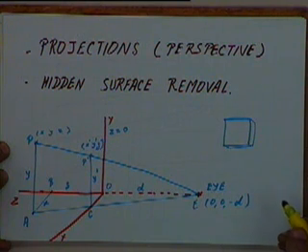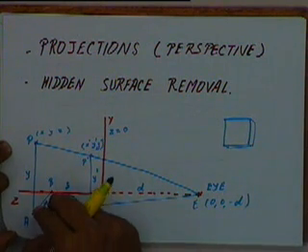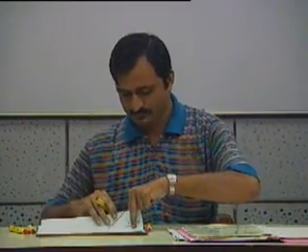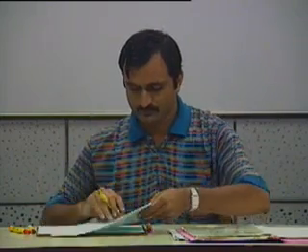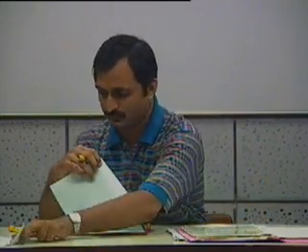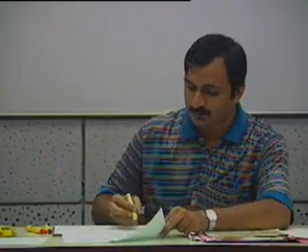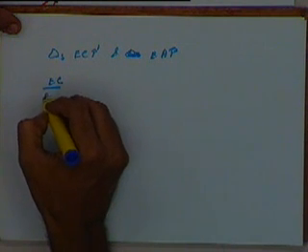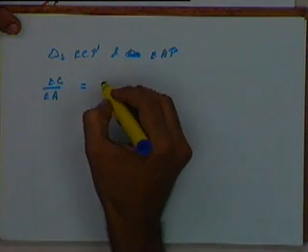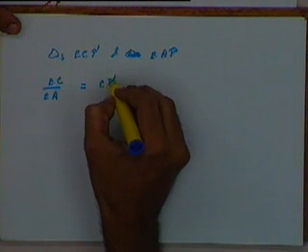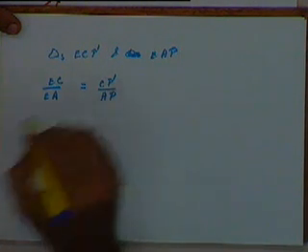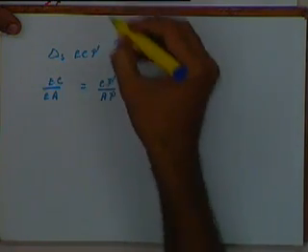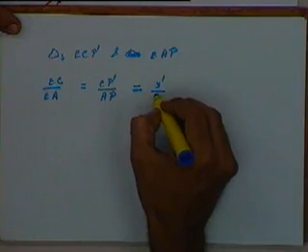From these two triangles, we can say EC divided by EA would be equal to CP prime divided by AP, which would be equal to y prime over y, since CP prime is y prime and AP is y.